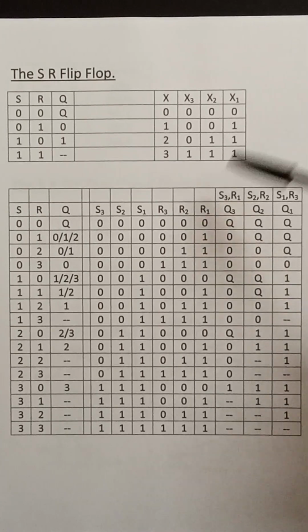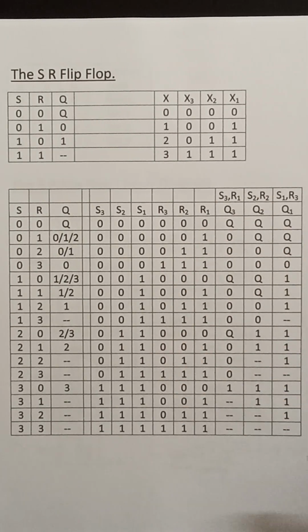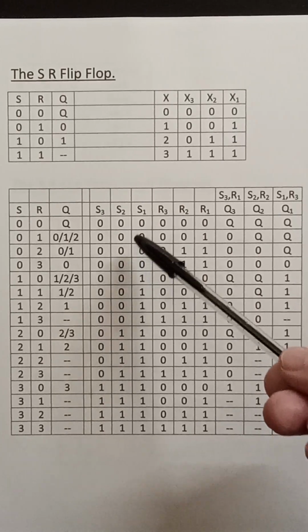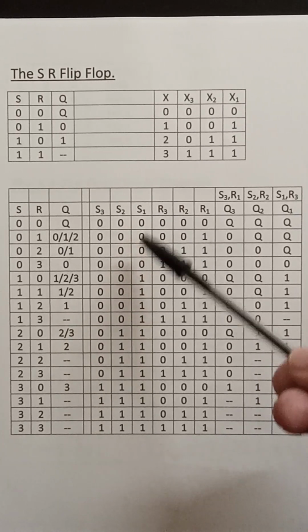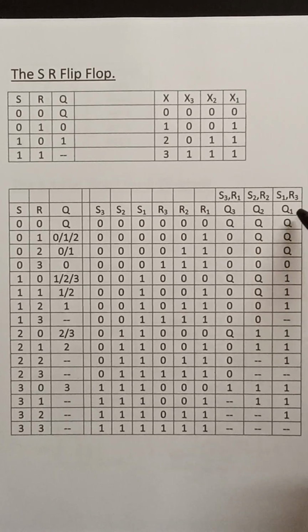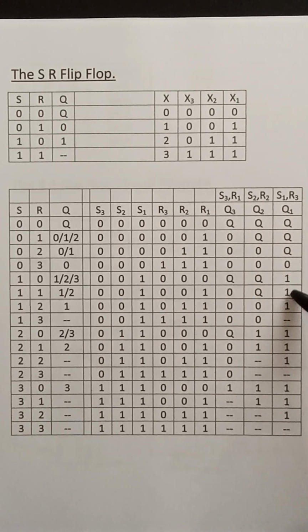Why have I chosen this combination? Well, because it works. You could use other combinations, but they may not work. I've found that this combination works, so I'm going to stick with it. So for example, if S1 is a 1 and R1 is a 0, that's a set. This is Q1, that's a 1, which is a set.